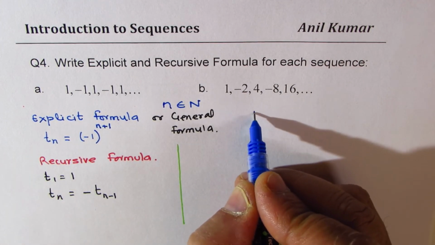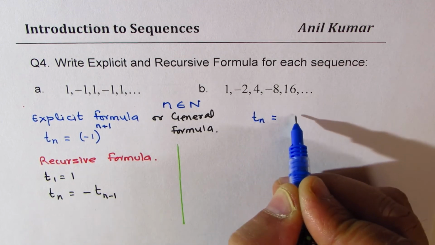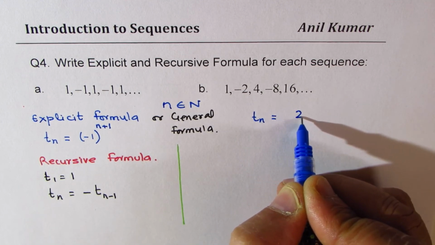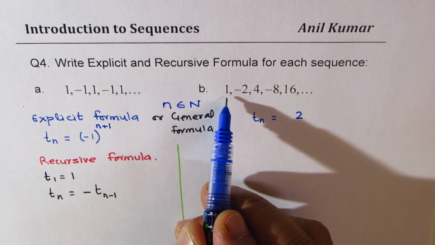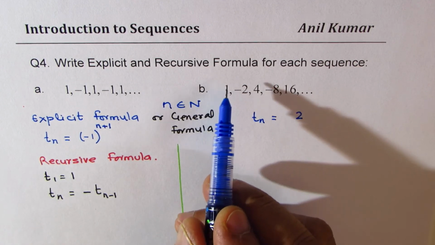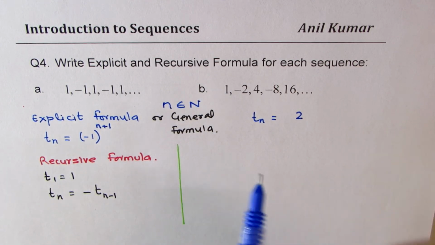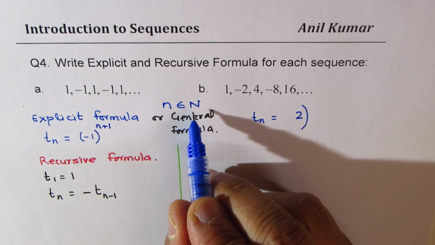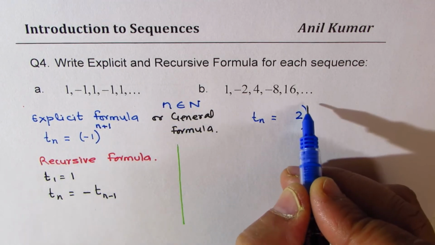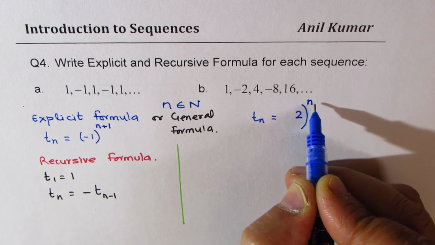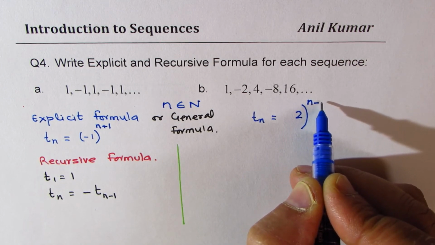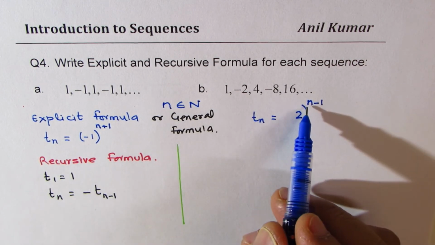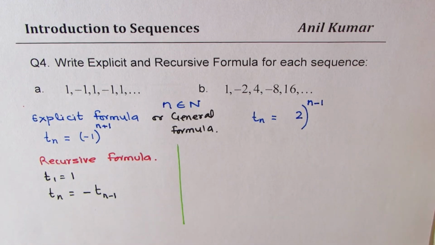So a general term, Tn, could be written as 2 to the power of, now how do you get 1? 2 to the power of 0 is 1. However, in our set of natural numbers, we do not have 0. So we should begin with 1, that is n minus 1 will make the first term as 0 in the exponent, right? Is that clear?